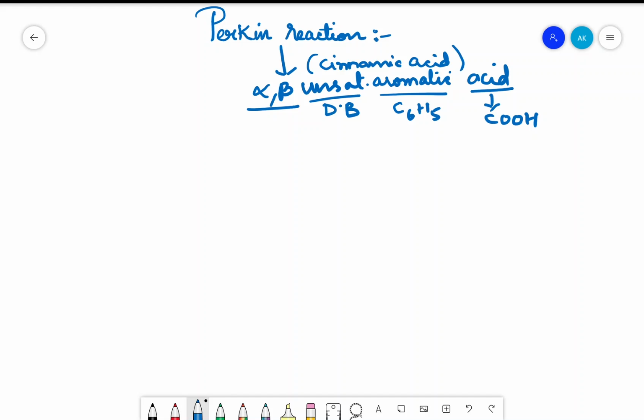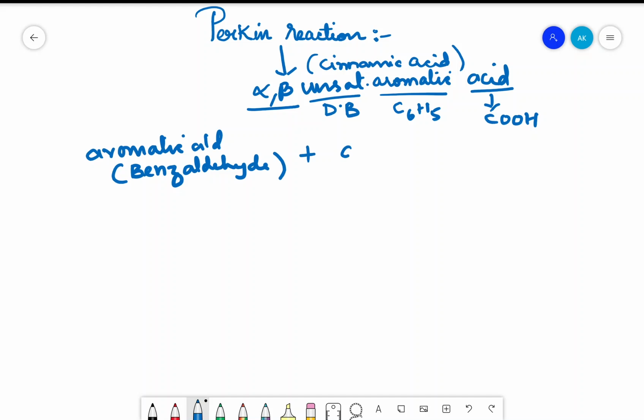This reaction occurs between an aromatic aldehyde, example is benzaldehyde, which reacts with acetic anhydride.